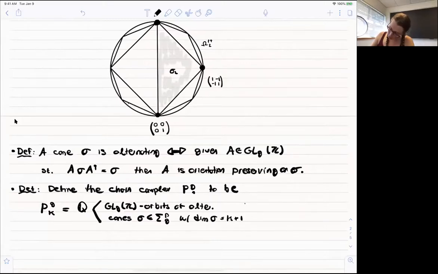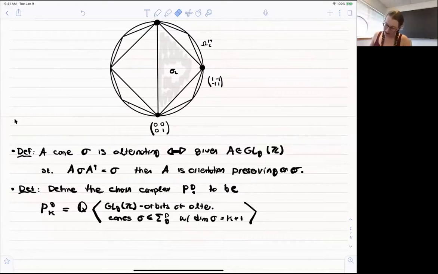So in degree k, this chain complex is generated by the orbits of cones of dimension k plus 1 that don't have orientation reversing stabilizers. Note that by the definition of an admissible decomposition, there's necessarily a finite number of these things. So this is a nice finite vector space.